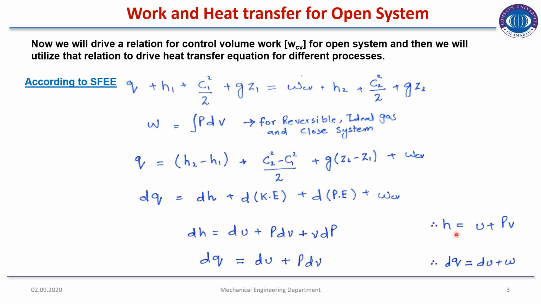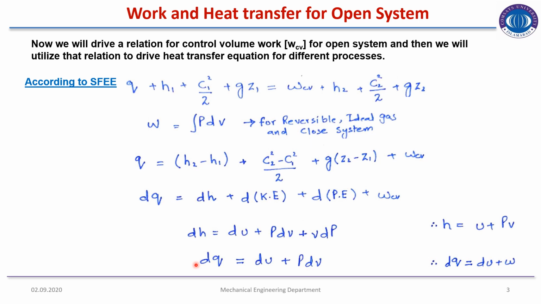The main is H is equal to U plus pv. When we differentiate left hand side and right hand side, there will be a product rule, so first derivative of second plus second derivative of first, so here it is written p dv plus v dp.